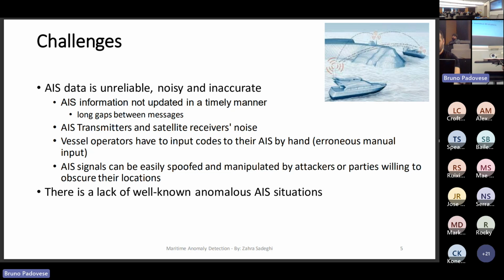That's because if the operators don't update the information in a timely manner, we can observe these gaps. The other problem is that AIS signals can be easily spoofed by attackers who wish to obscure their location, and they want to falsify their locations if they want to do some illegal actions.